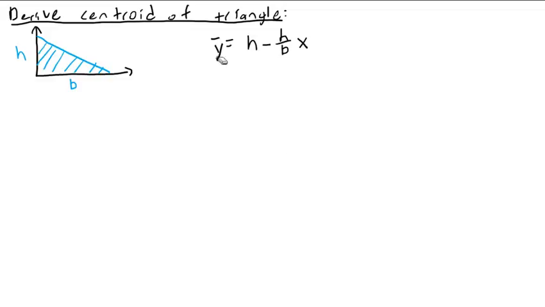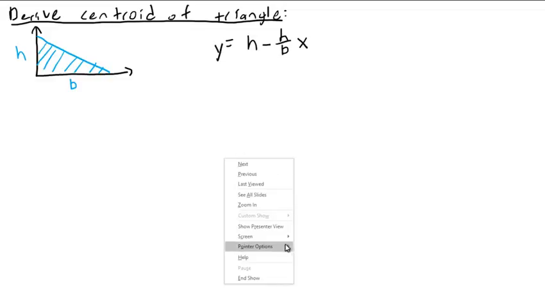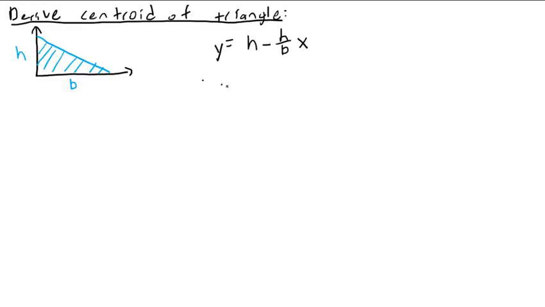Oh, that shouldn't have a y bar. That should just be y. The equation for this line, in terms of the h and the b, is h minus h over b x, because the slope is rise over run, h over b, and the intercept is h.